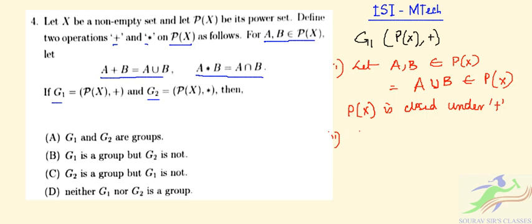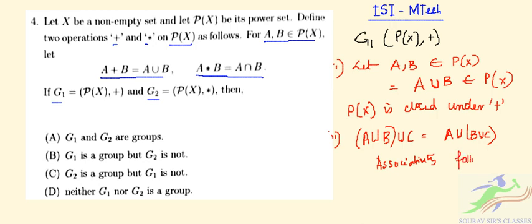A union B, union C, can be written as A union B union C, so we can infer that associativity also follows.